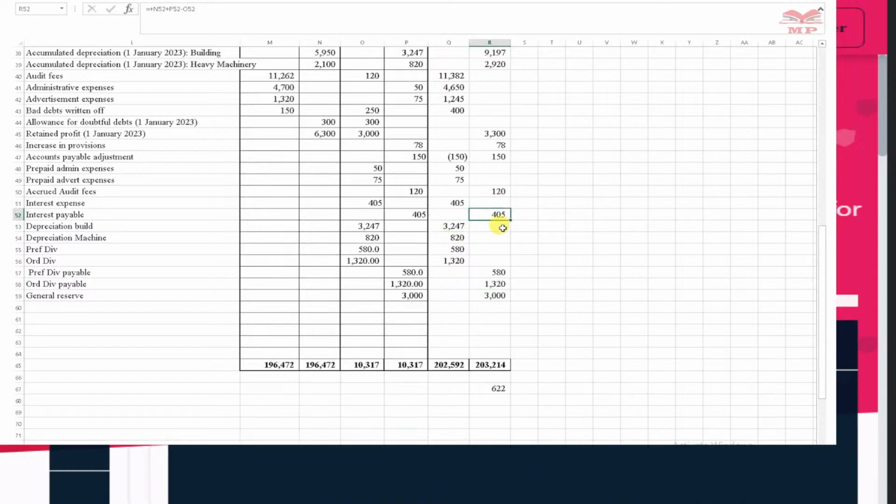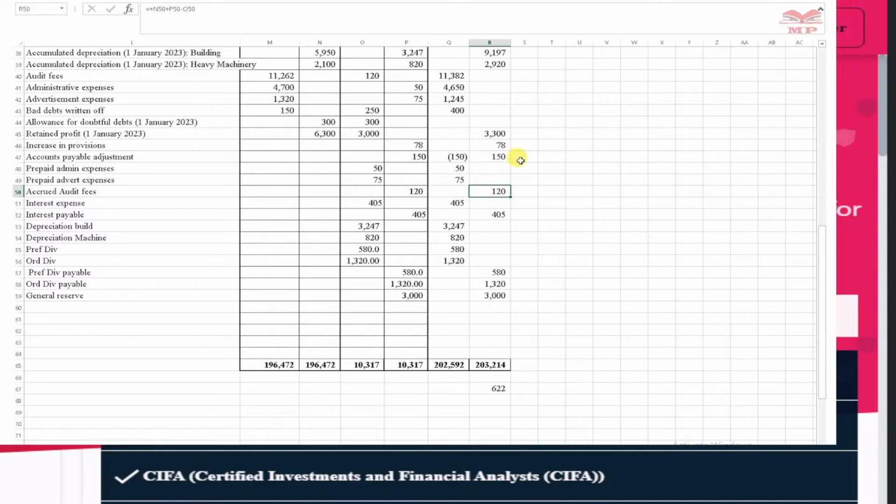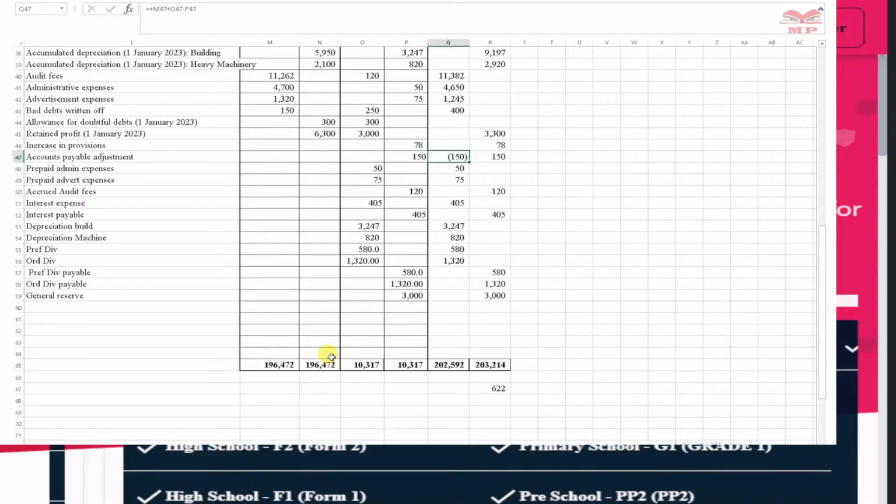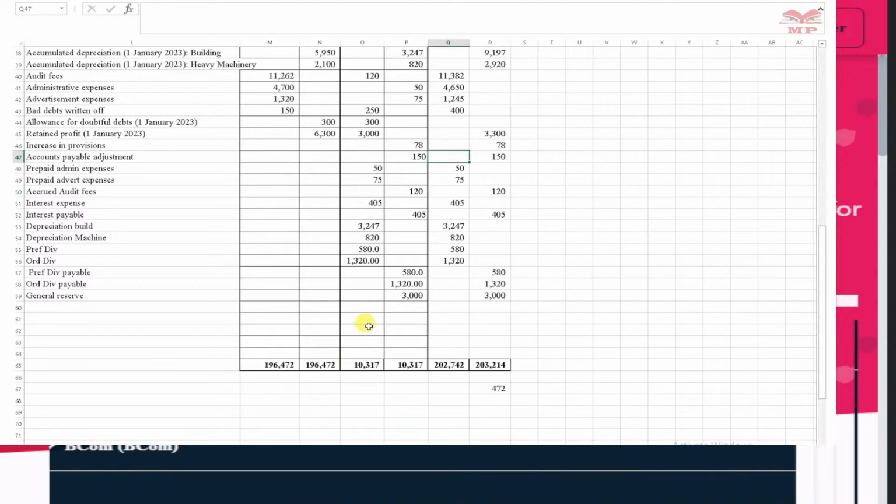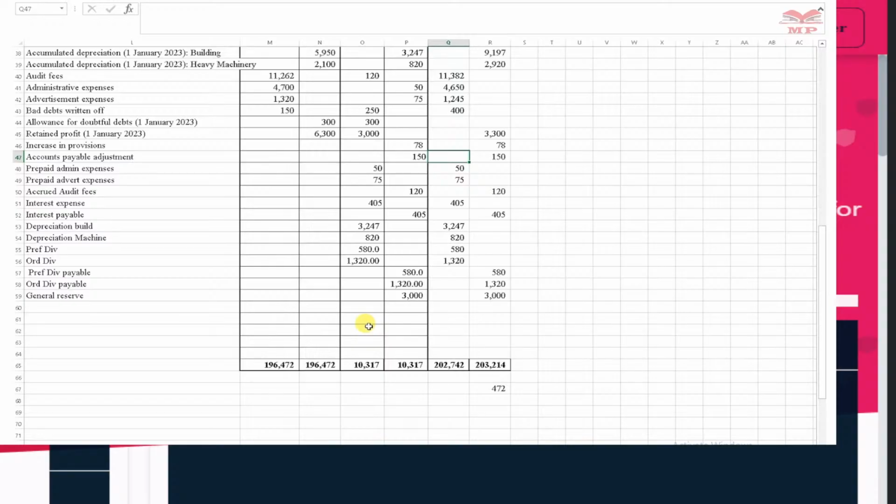Then you're having 405,120. So we cannot have two 150s on the same side. It's that one. And we're saying this is not supposed to be there. So it reduces it to 472.